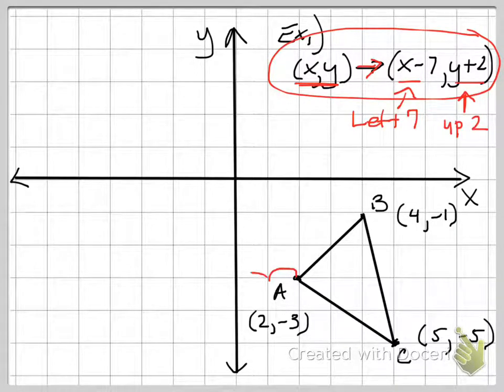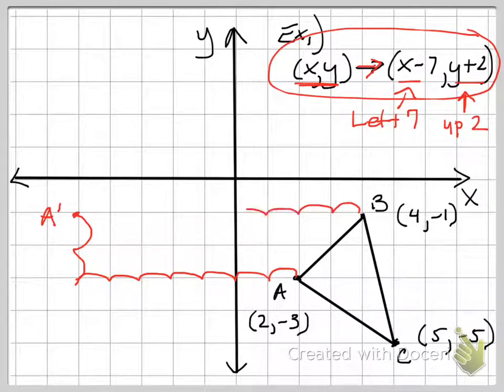So you go left 1, 2, 3, 4, 5, 6, 7, and then go up 2, 1, 2. So right there is going to be my A prime. Same thing with B: 1, 2, 3, 4, 5, 6, 7, and then go up 2, 1, 2. So right there is my B prime.